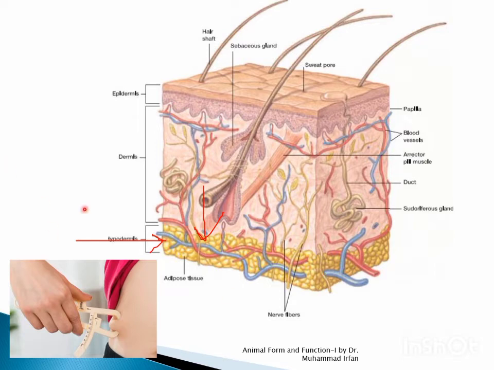So the thicker the fold, the greater would be the amount of total body fat, as half of the body fat is present in the hypodermis. So it is a good indicator of the total fats in the body of a mammal.